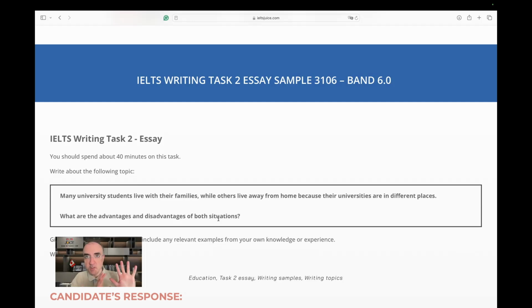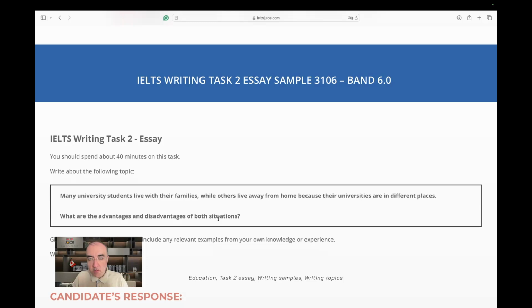In the first situation, you write one paragraph, you focus only on advantages. And you write another paragraph, you focus only on disadvantages of the first situation. Then we move on to the other situation, another system. I mean, exactly the same system, but another paragraph. And you talk about the advantages of the situation number two and the disadvantages of the situation number two. This is the easiest one.